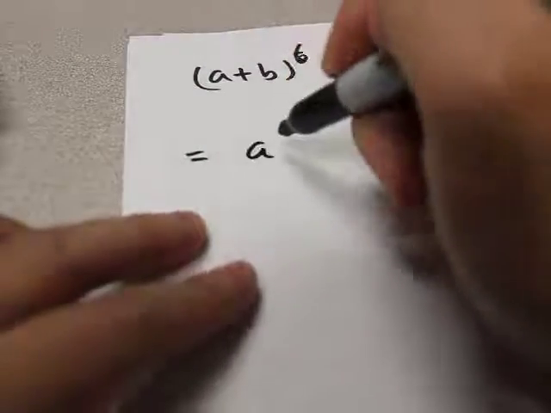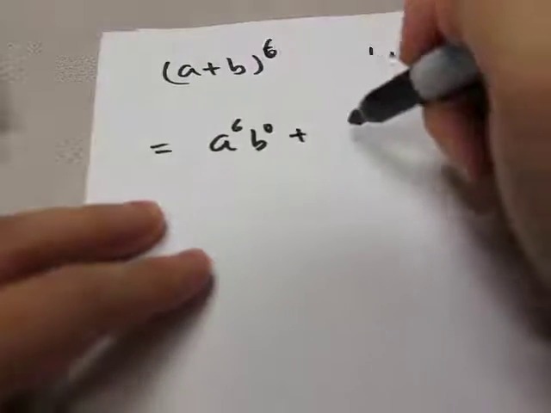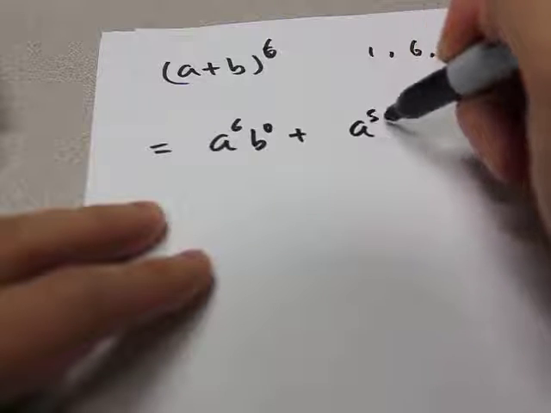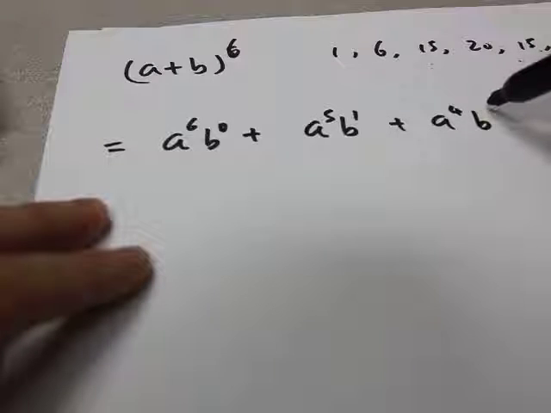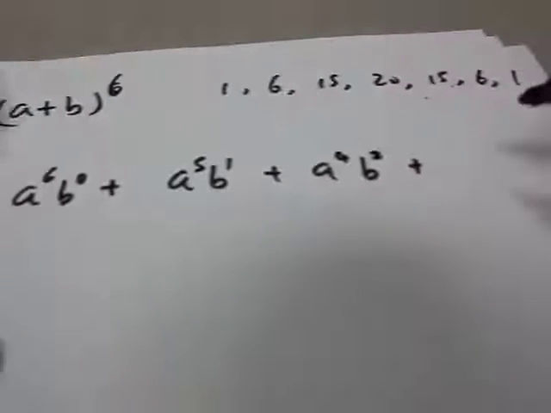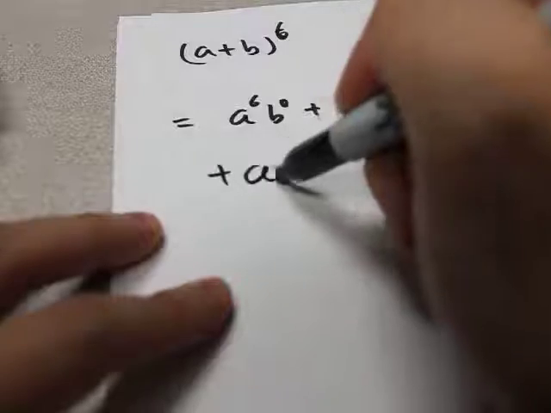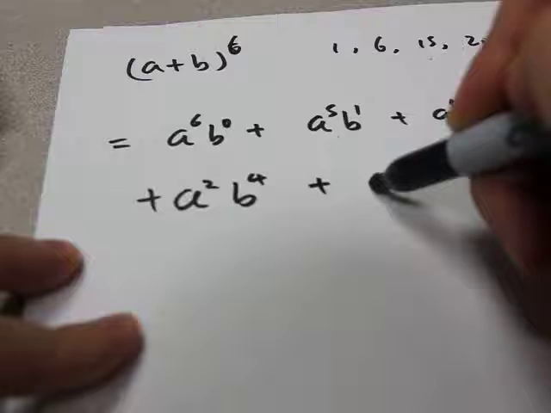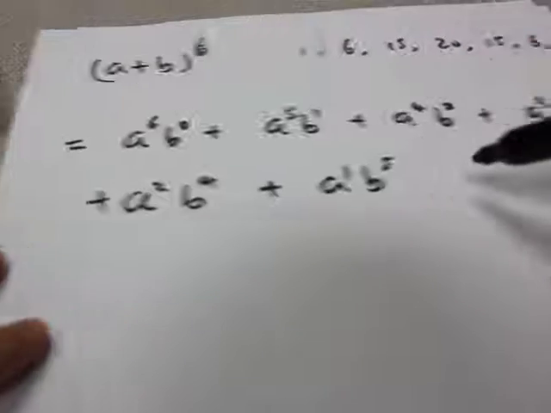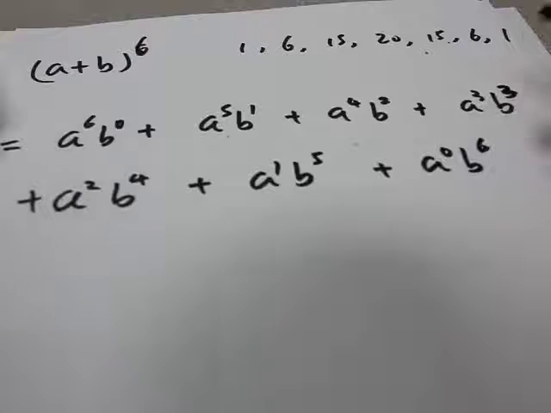So the first term is a to the power of 6, b to the 0, plus a to the power of 5, b to the power of 1, plus a to the power of 4, b to the power of 2, plus a to the power of 3, b to the power of 3, and plus a to the power of 2, b to the power of 4, plus a to the power of 1, b to the power of 5, plus a to the power of 0, b to the power of 6. Okay?